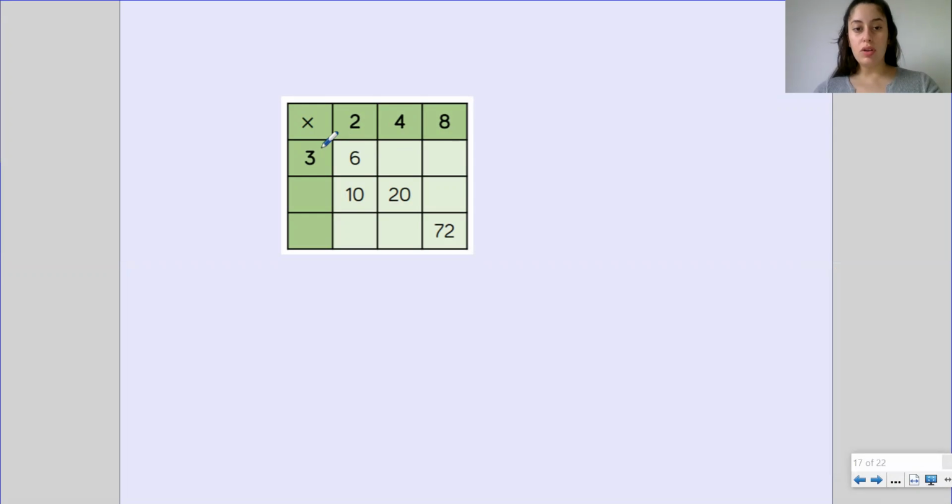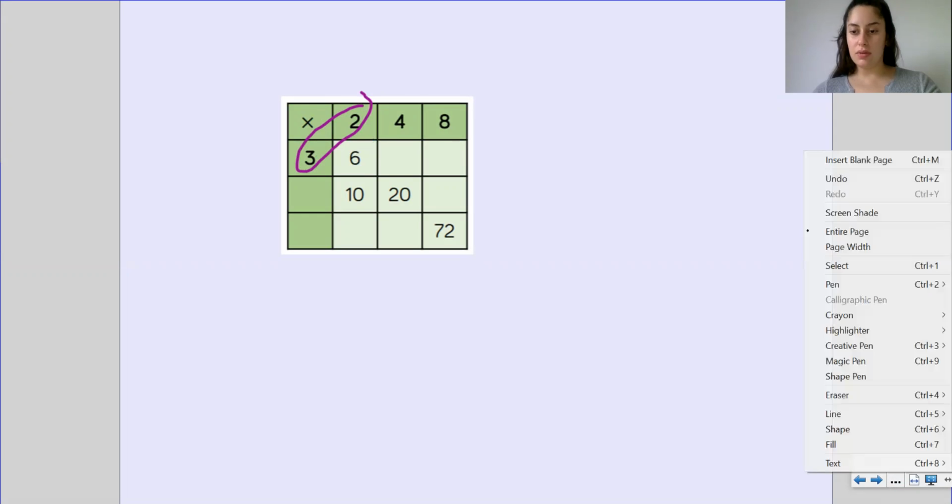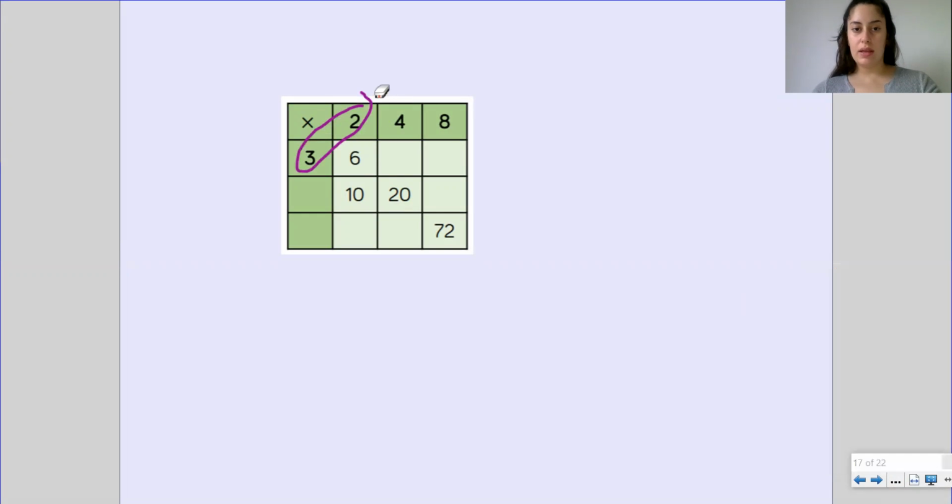So what you would need to do is multiply these two numbers together first. So we have done 3 times 2, which equaled 6. So then what we want to do is to multiply 3 by the next number.